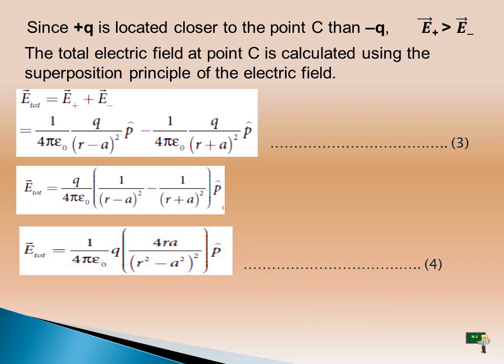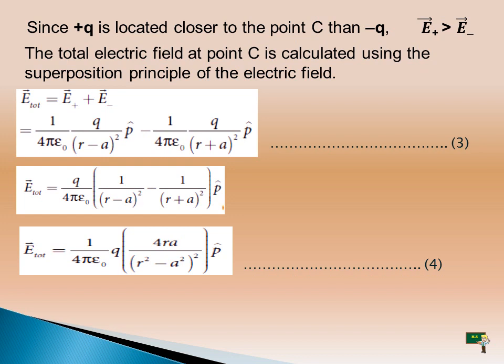Using the binomial formula, you can substitute this as 1 by 4 pi epsilon 0 into Q by (R plus A) the whole square into (R minus A) the whole square.